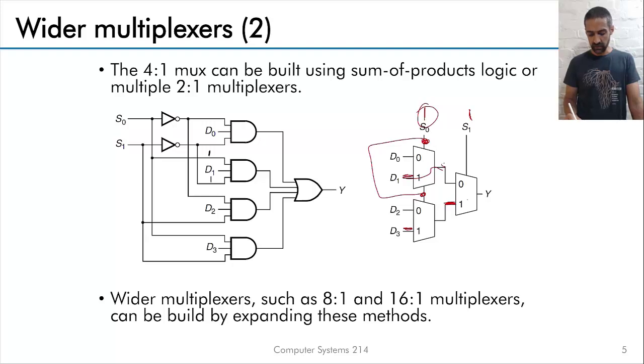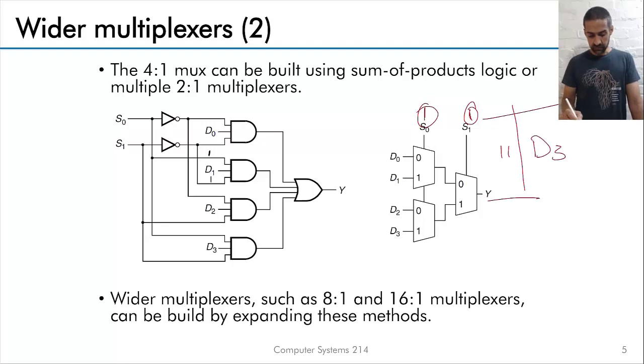So this will appear here, that will appear here, and then this one will select this. So what comes out is D3. So for condition 1, 1, the output is equal to D3. Let's do just another one in case I've lost you. Let's just wipe this real quick.